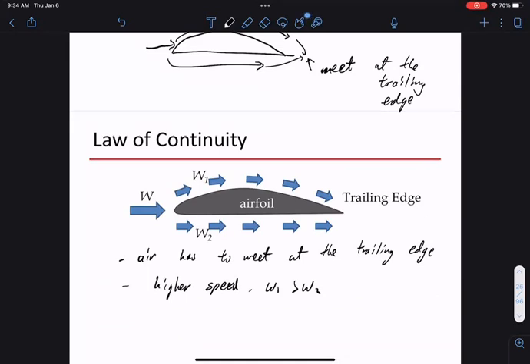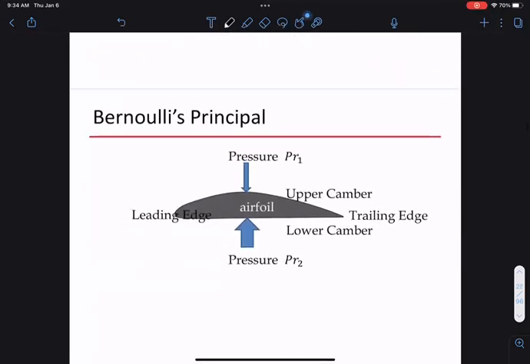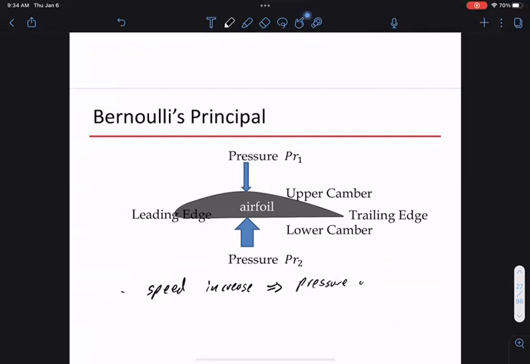So you get something called Bernoulli's principle. Bernoulli's principle says that a speed increase implies a pressure decrease. This is an example of the ideal gas law, PV equals nRT.